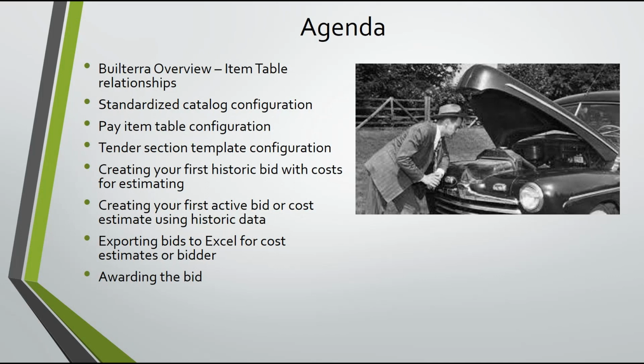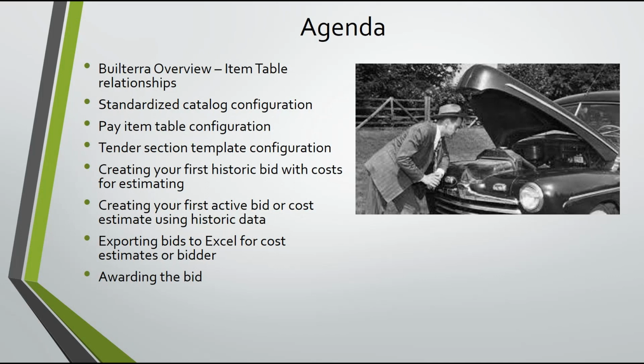The flexible pay item table configuration, we'll review that. How the template is configured for export to Excel and data entry, that'll be the next step. So we have a fair amount of content to go through probably in the first half hour. Then we'll target the second 20 minutes or so to building a historic bid and reviewing the cost estimating system.